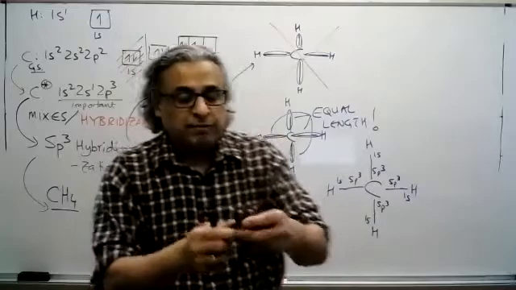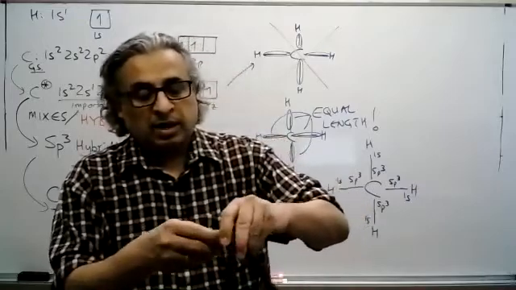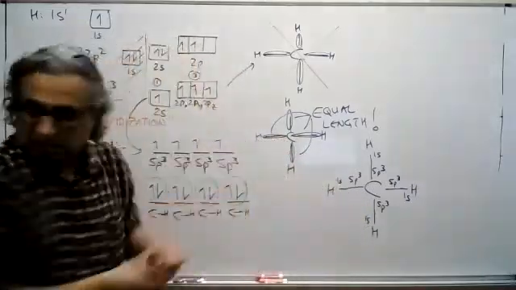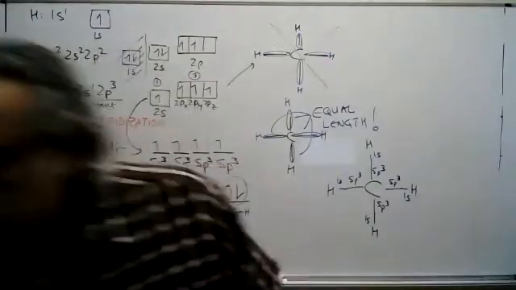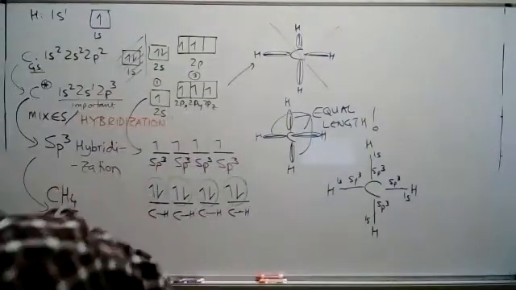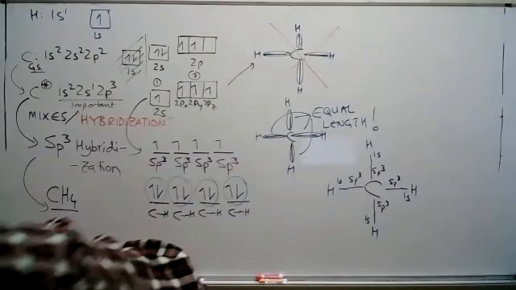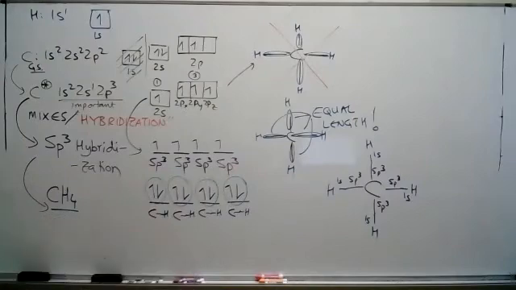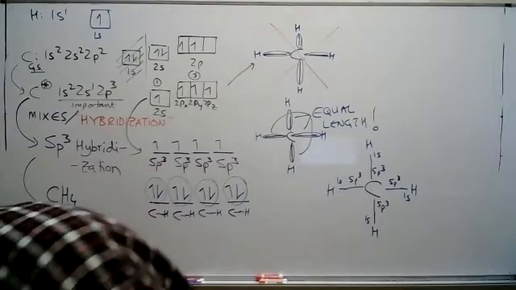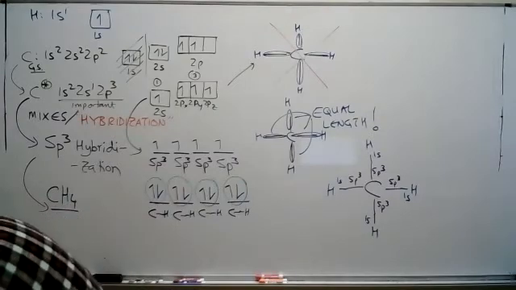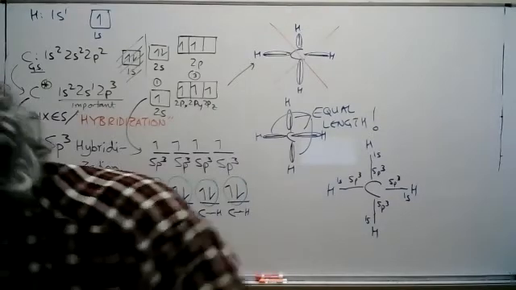Okay. So now you have 4 hybrid orbitals. Imagine, do I have purple? What happened to my models? Somebody stole it. I don't have 4 purple ones. I have 4 blue. Let me use the blue.